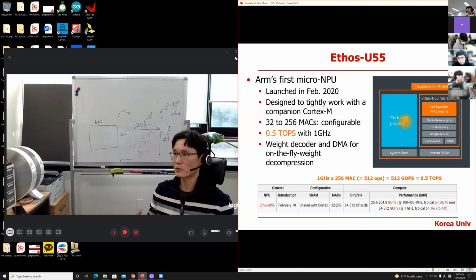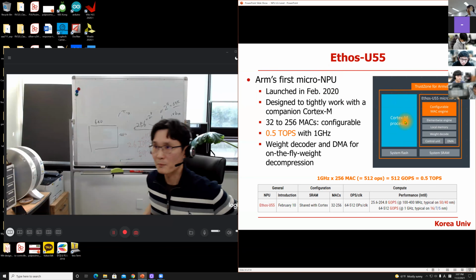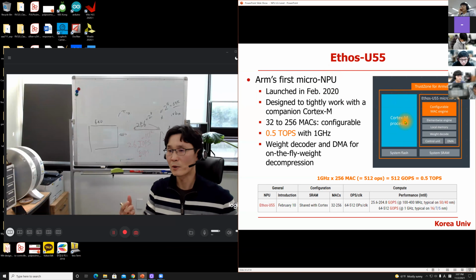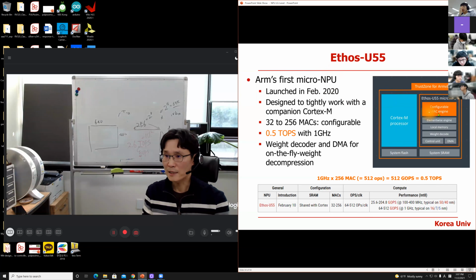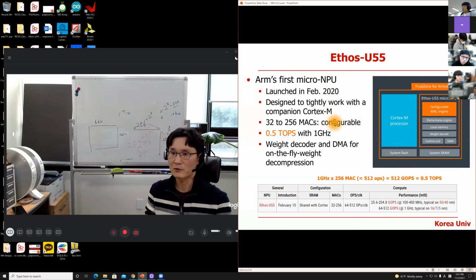Cortex-M is a microcontroller, right? It is used in very low power, low performance electronic devices. And it is tightly coupled with Cortex-M, and was introduced last year. And it is configurable. If you have a license, you can have 32 MACs or up to 256 MACs.